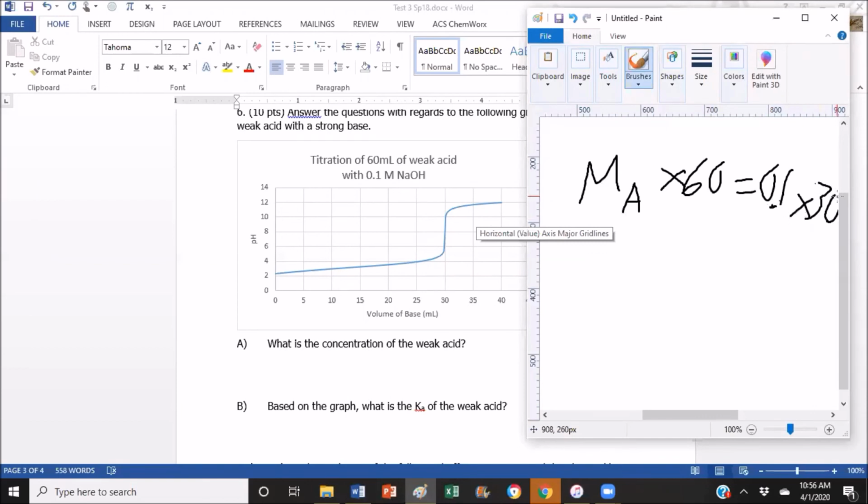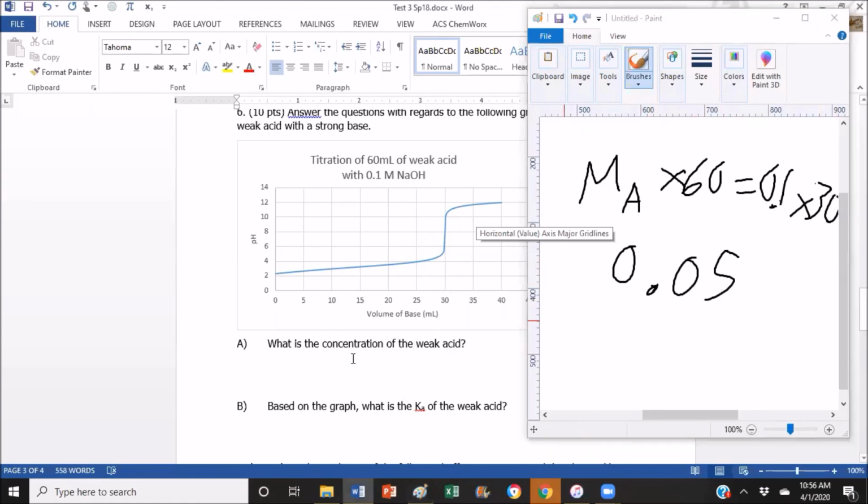So 0.1 times 30 divided by 60 would give us our concentration of acid as 0.05. Easy as we can make it.